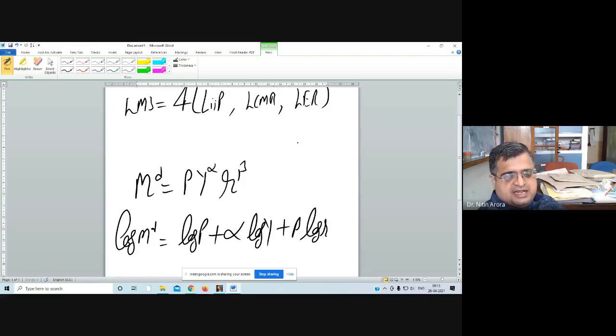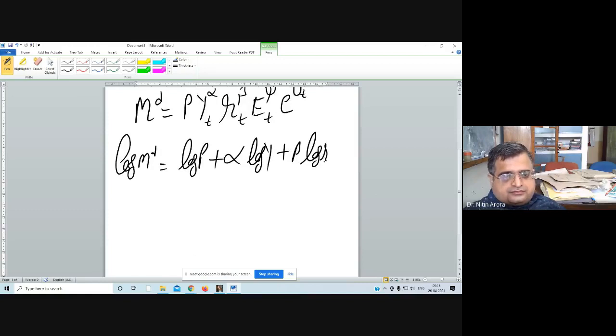Exchange rate I am also taking as e raised to power psi, and small e raised to power ut. All are basically time series. So log of yt, log of rt plus psi log of exchange rate plus ut.